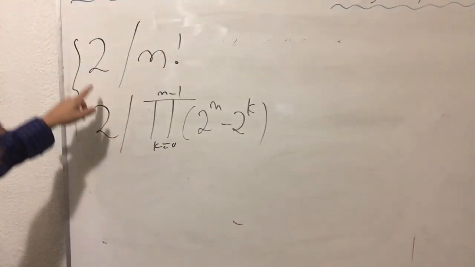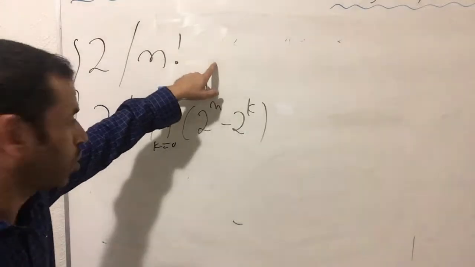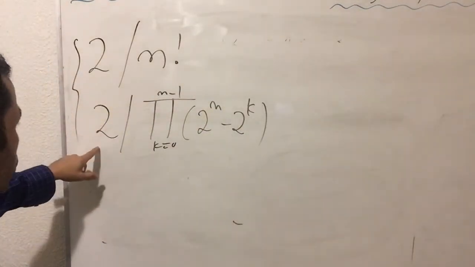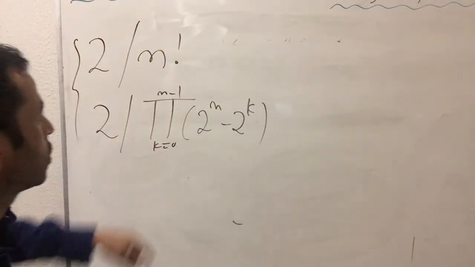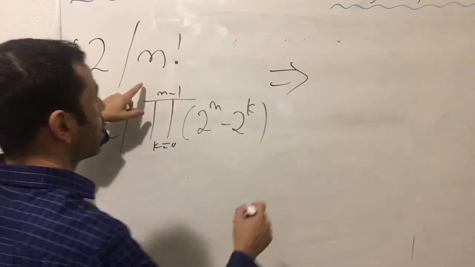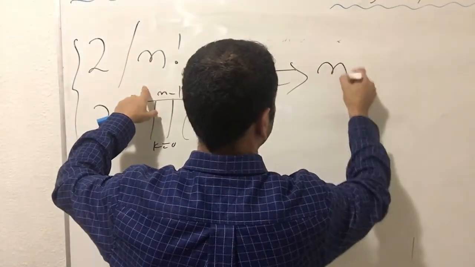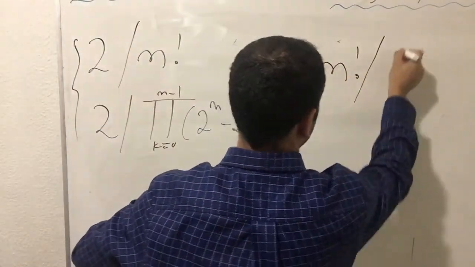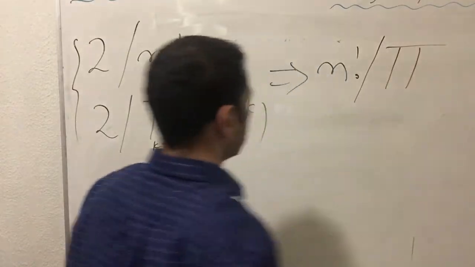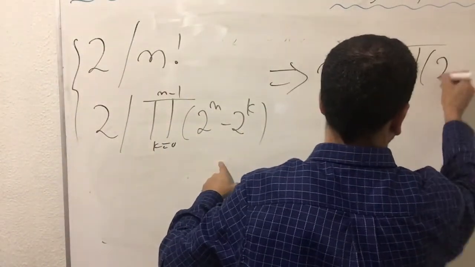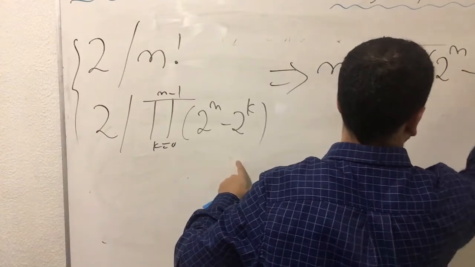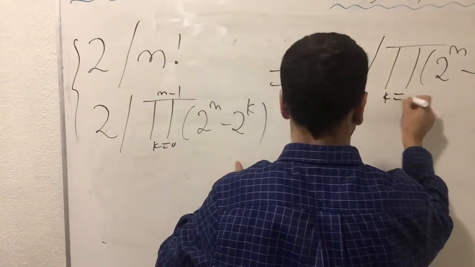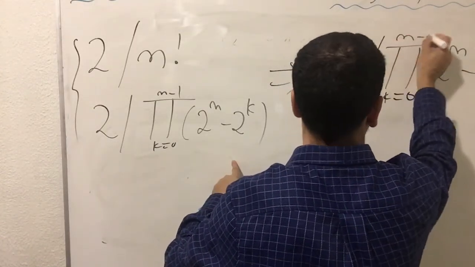Now we proved 2 divides n factorial, and we proved 2 divides this product. This implies n factorial divides this product, 2 to the n minus 2 to the k, as k goes from 0 to n minus 1.